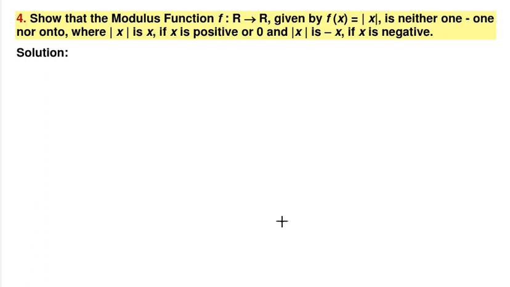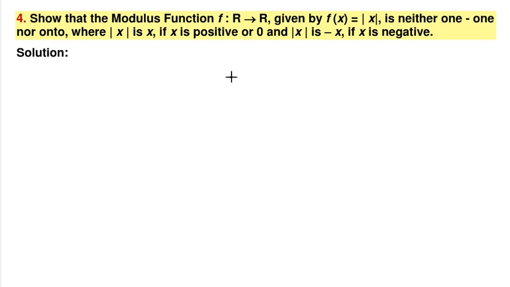Show that the modulus function f with the domain set of real numbers and codomain also the set of real numbers, given by f of x equal to mod of x, is neither one-to-one nor onto, where mod of x is x if x is positive or 0, and mod of x is minus x if x is negative, from the definition of the modulus function.